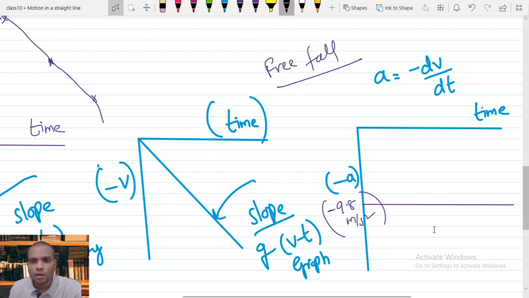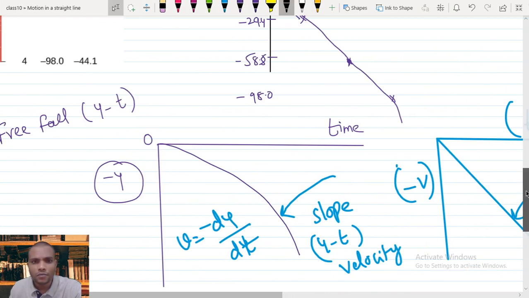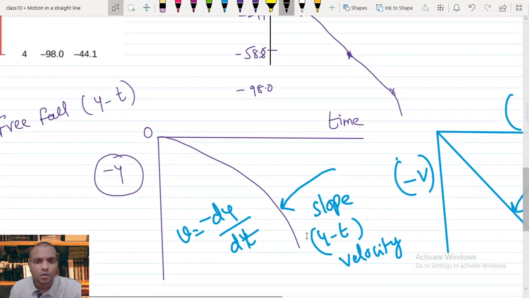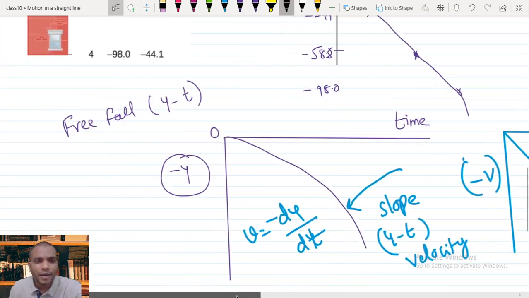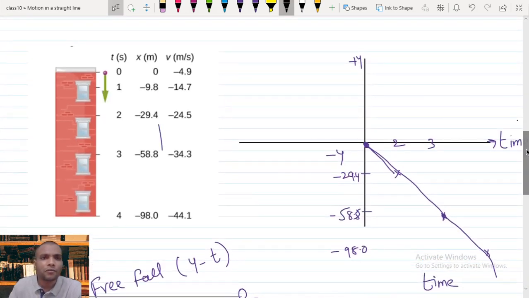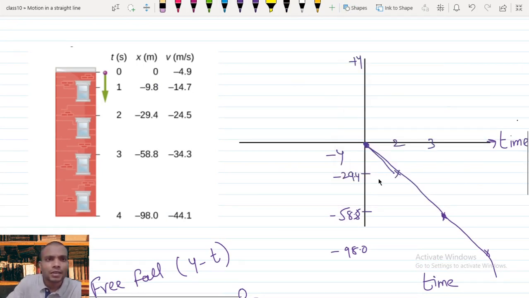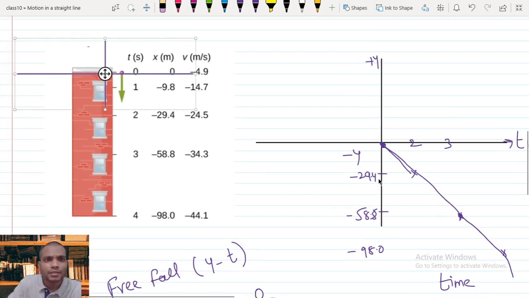I hope you are getting the realistic meaning of free fall. One thing we need to mind: since the object is falling from a certain height, we consider a coordinate axis, which is a better representation for you.